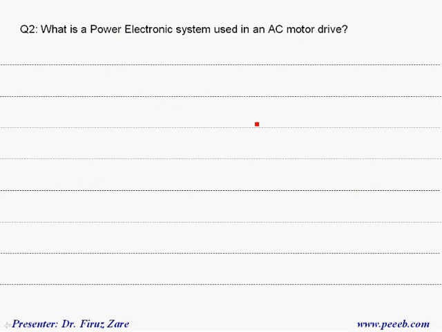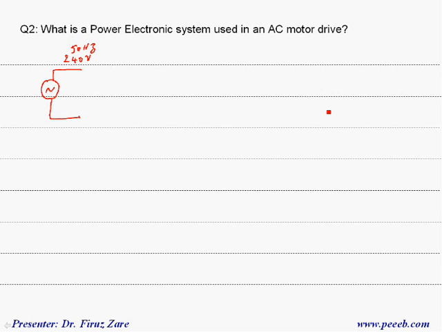So what power electronic system can we use for an AC motor drive? Let's look at the block diagram. If this is the AC voltage, the point is that this voltage is regulated because it's coming from the grid, 420 and 50 Hertz.